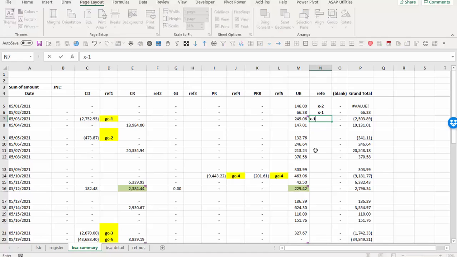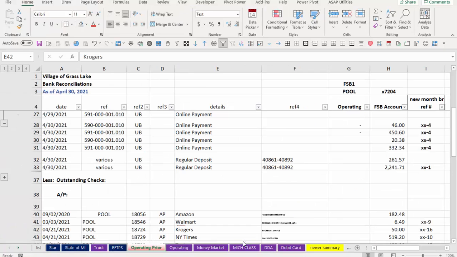$249.06 is from the current month. And then we have to go back to the April reconciliation and see that $261.57 was received according to the general ledger on April 30.